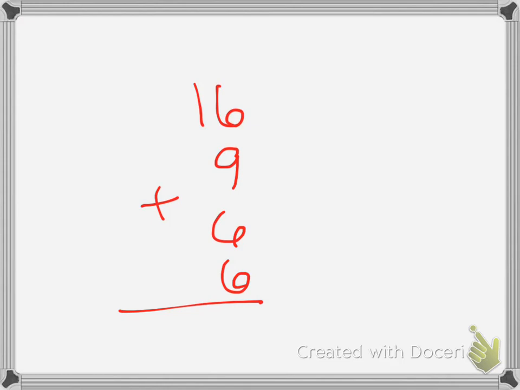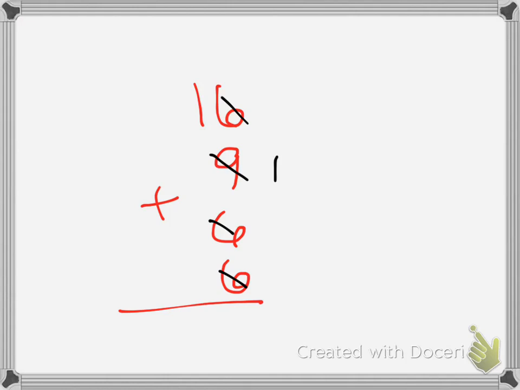Okay, and then finally we'll do the addition, the quick mental math. There was 16 on the last problem, 9 on the second to the last problem, and then 6 stars in each one of the first 2 problems. So if you look at this first column, you have 16 with a 6, another 6, and another 6.